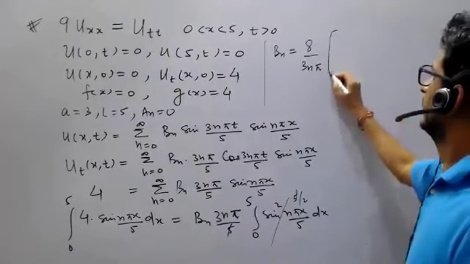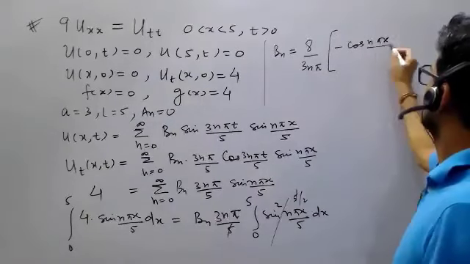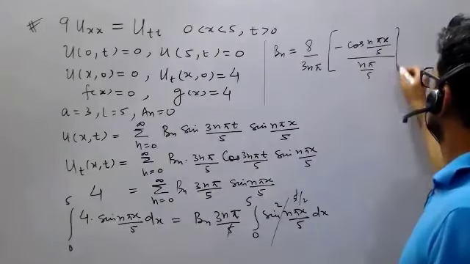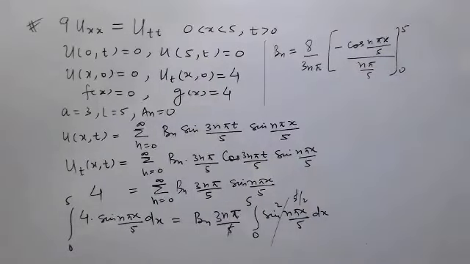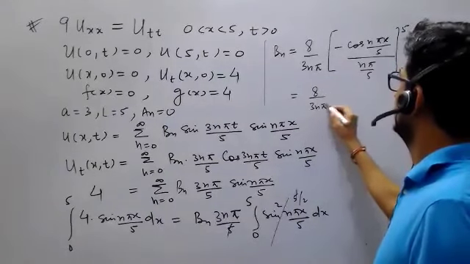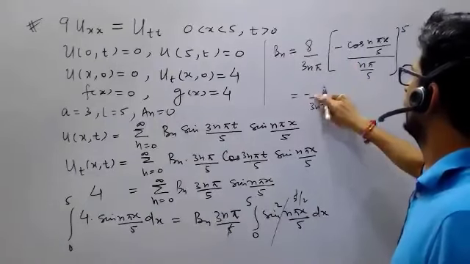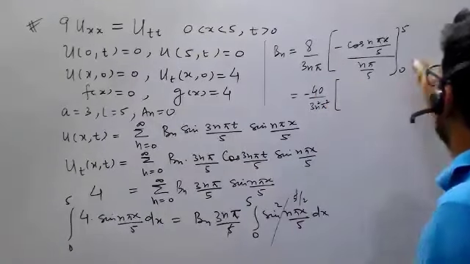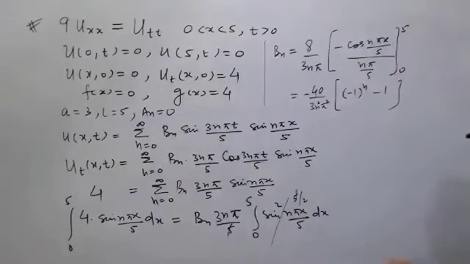Yes, sir. What will the integral of sine become? Minus cos(n pi x by 5) over n pi by 5, from 0 to 5. So this will become 8 over 3n pi minus, and 5 will go there, 5 times 8 is 40, over n squared pi squared, and when I put 5 it will become minus 1 to the power n minus 1.